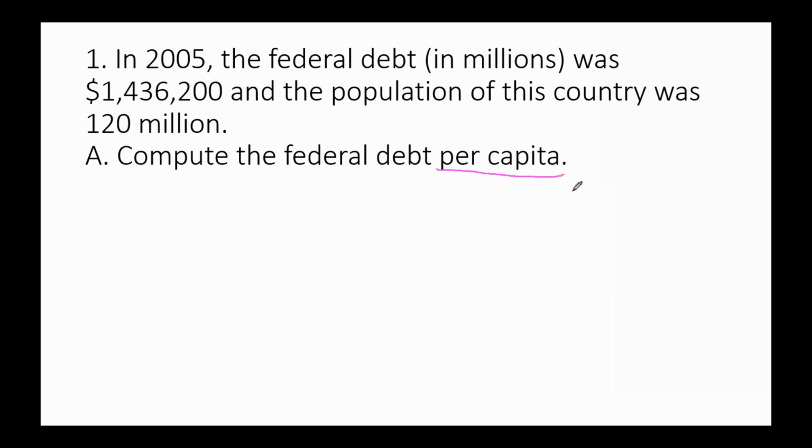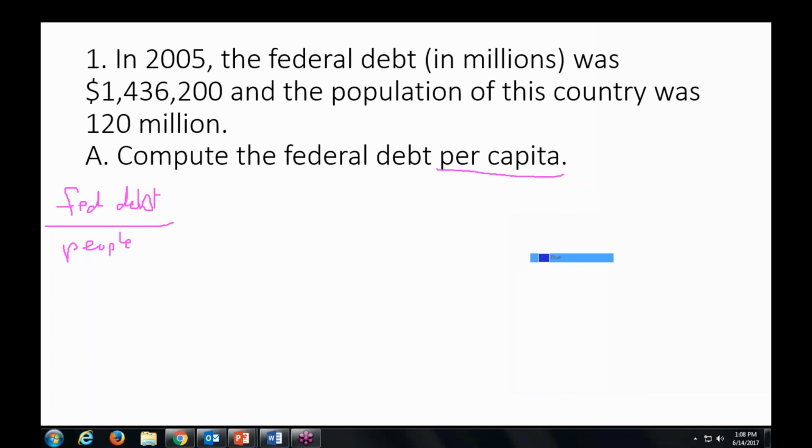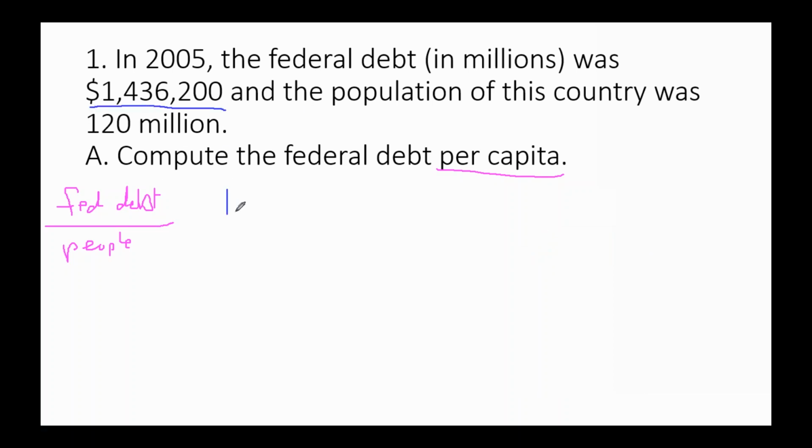Per person, exactly. So when we're talking about the federal debt per capita, per implies division, and we want the people on the bottom. When we're talking about words, the first thing we want to do is put the federal debt in the numerator. So look at our federal debt. We've got our 1,436,200.